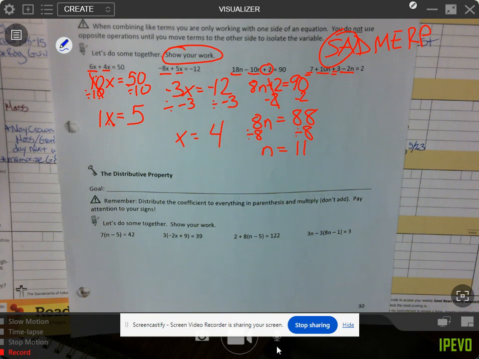So what would my new equation be when I combine like terms? Grayson? Is it 10 plus 8n? I had it backwards because I always do the variable first. Oh, so you are correct.